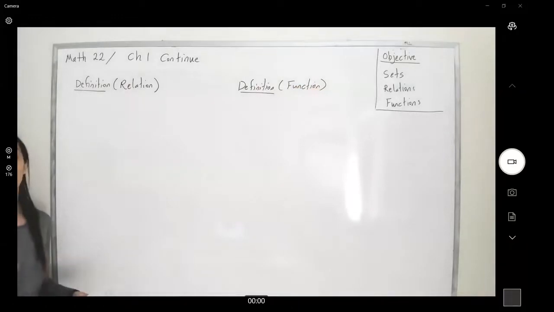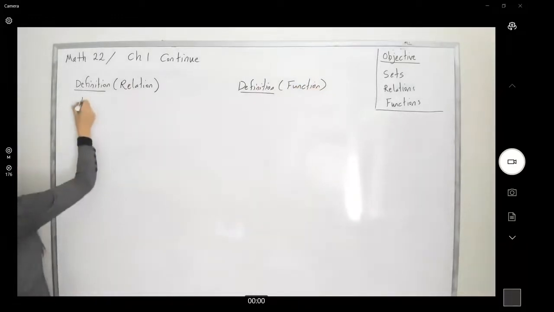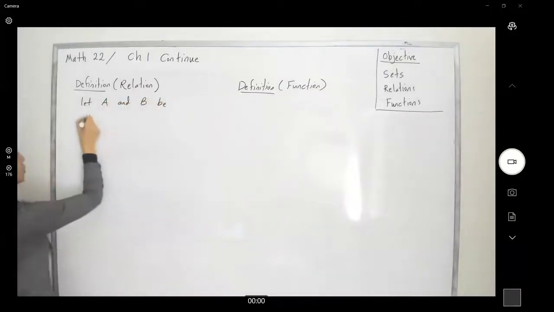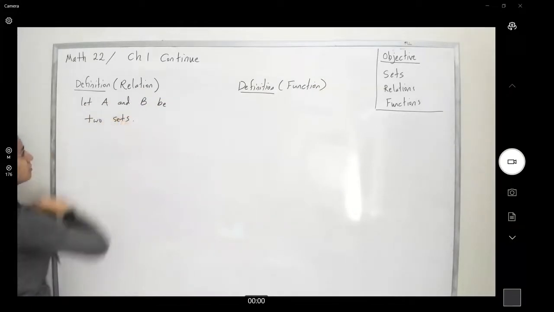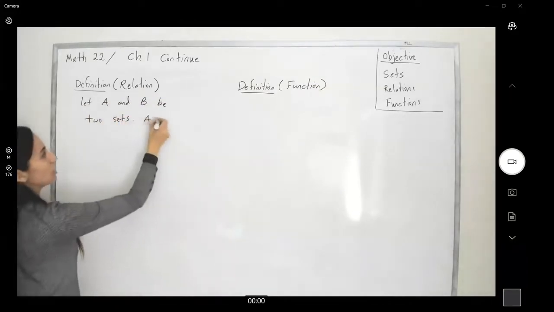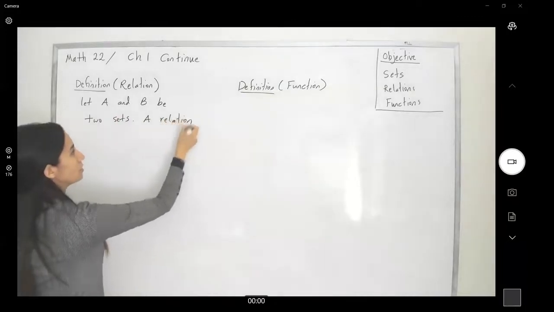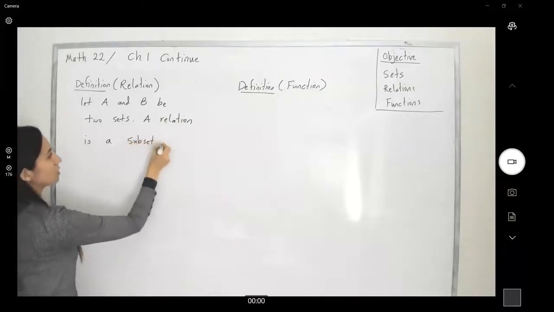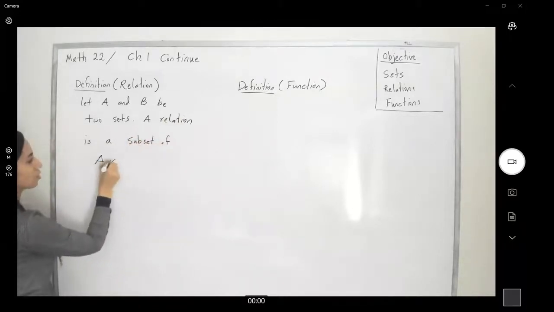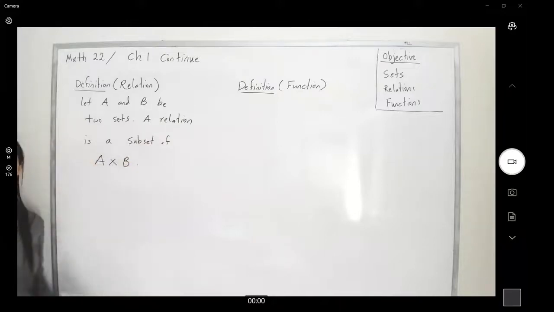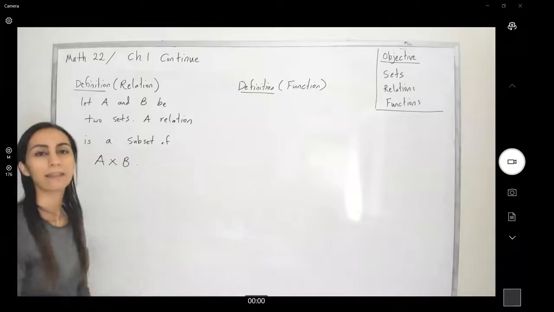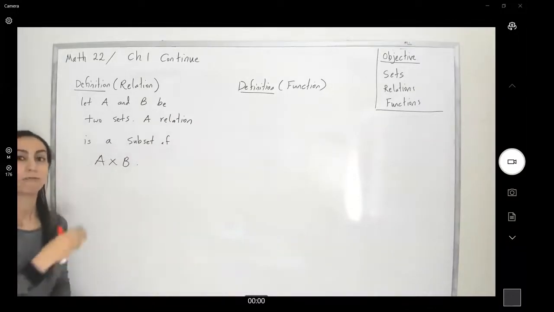So remember that we always start with sets. Let A and B be two sets. A relation is a subset of the Cartesian product between A and B. So we take A and B, we take any random subsets of points.